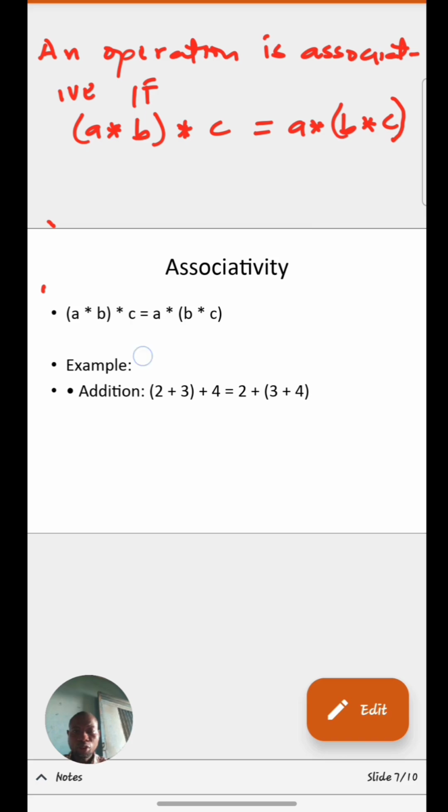If you first pick 2 and 3, in brackets, plus 4, that is one condition, which is A operation B operation C. If it is the same thing as 2 plus, in brackets, 3 plus 4, then we say it is associative. So now we are moving to the next slide.